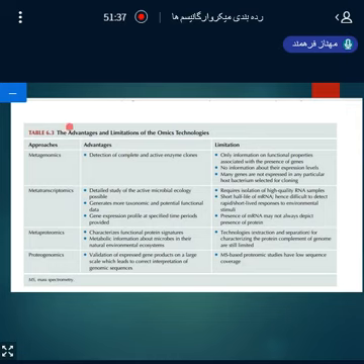Okay, or maybe an important trait must be answered, maybe as a question. For example, see this table.